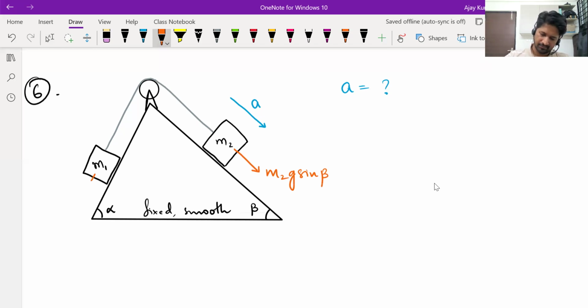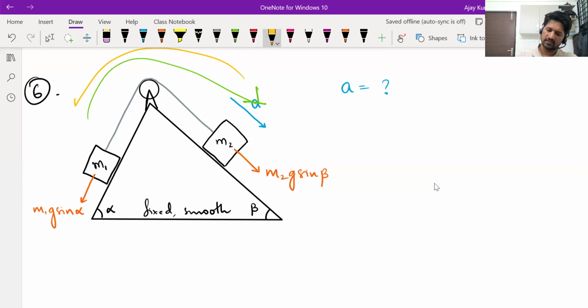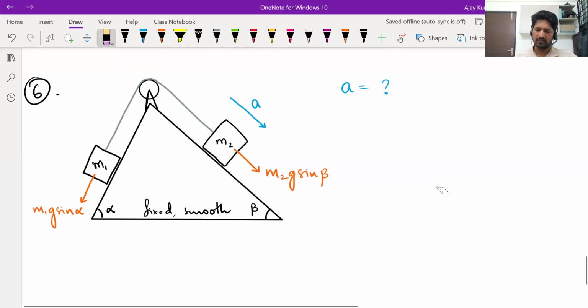On the other side, the incline makes an angle alpha with the horizontal, so that side the weight component will be m1g sine alpha. These are the forces that can make this system accelerate. The normal forces and the other component of weight won't make the system accelerate. Now m2g sine beta is trying to make the system accelerate this way, and m1g sine alpha is trying to make the system accelerate the other way. So they are trying to do exact opposite things, and we can use that idea here.